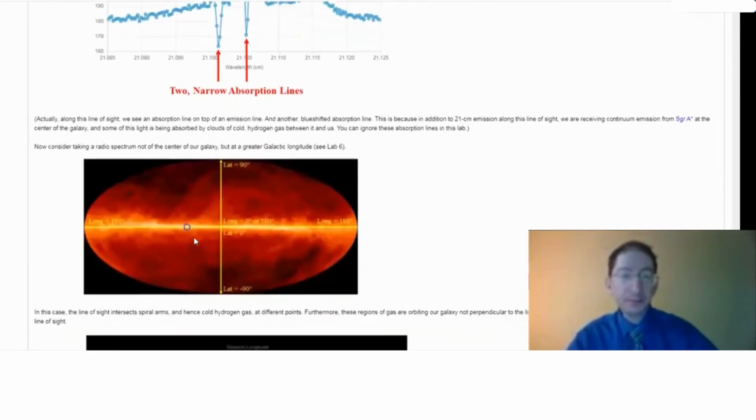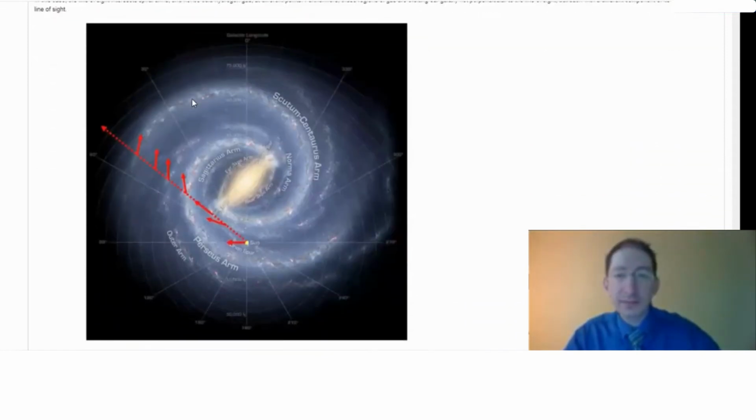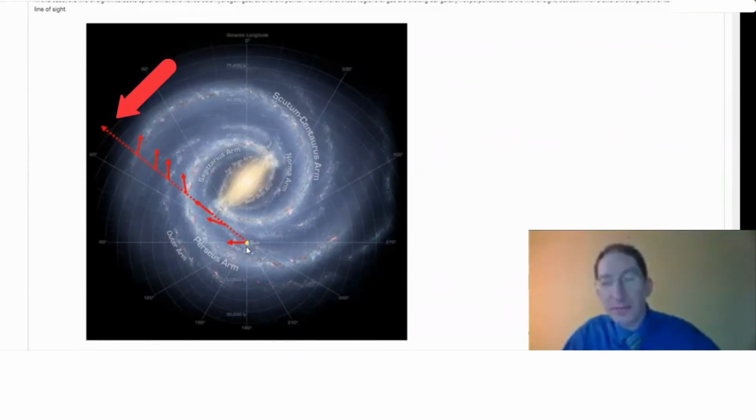Anyway, let's consider a different line of sight, not directed at the galactic center, but off to the side. And here's the corresponding top-down map. Here's the sun. Here's the line of sight. And again, I've added an arrow at each point where the line of sight intersects an arm of the galaxy.